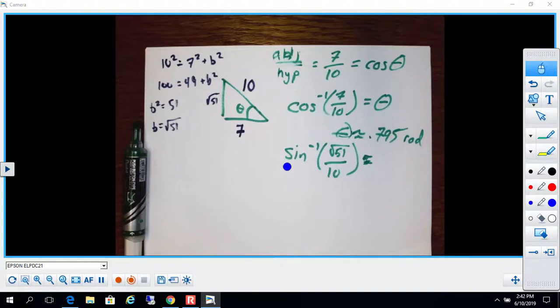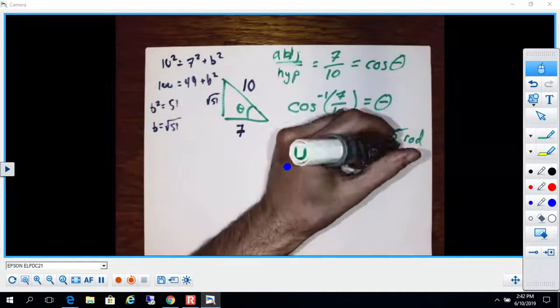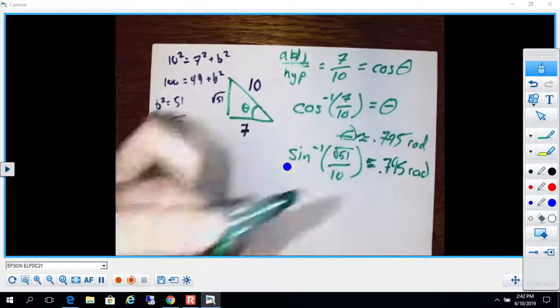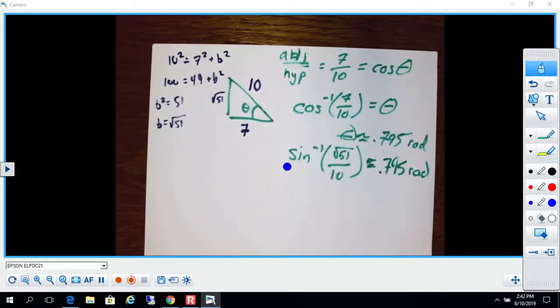Did you do it inside the square root sign? So what's the answer? Oh, okay. 0.795. Oh, when you said square root, I put squared. Silly me. That's what happens when you skip breakfast.